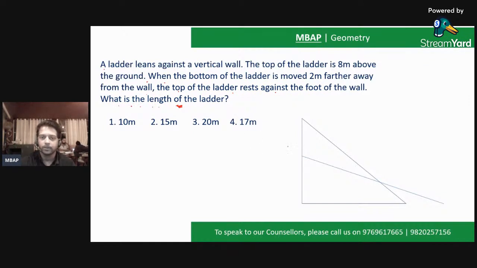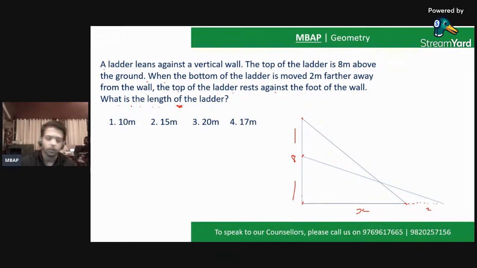In a very simple way, they're saying this is the original position of the ladder and the wall, and the height of the top of the ladder from the base is 8 meters. So this length is 8. Let's assume this is the value x, and if you stretch it to be 2 meters more, then the top of the ladder will rest against the foot of the wall, which means this point of the ladder is going to come and meet the bottom of the floor.